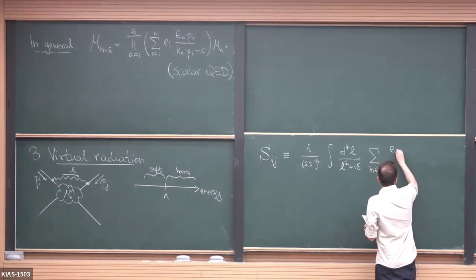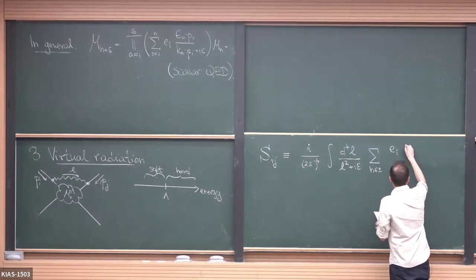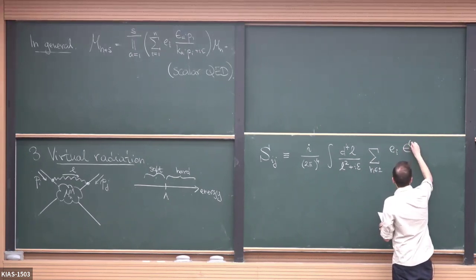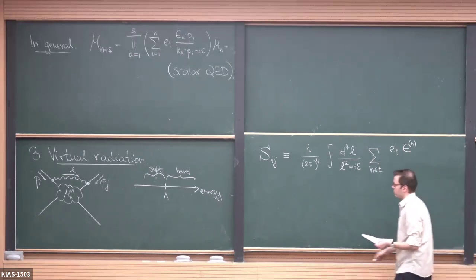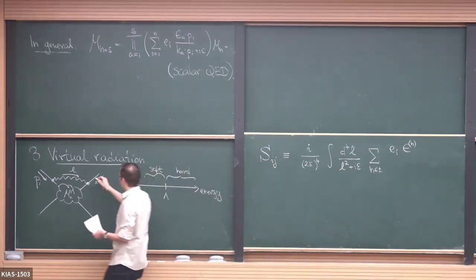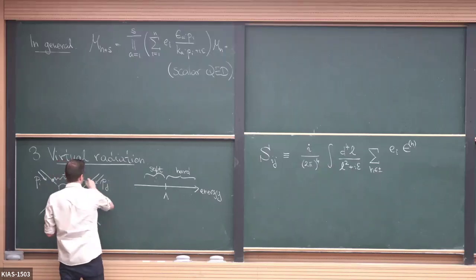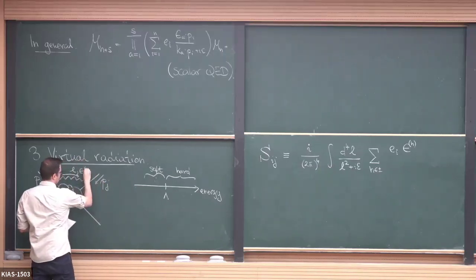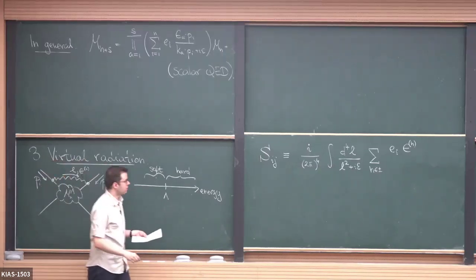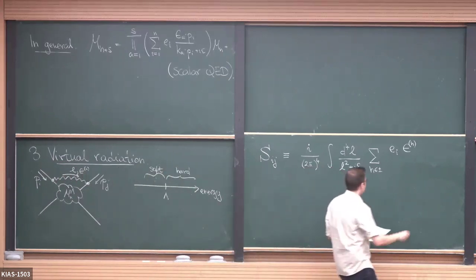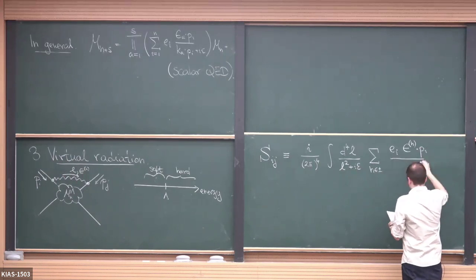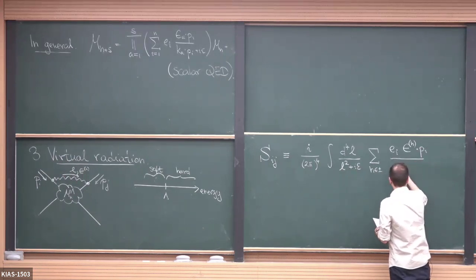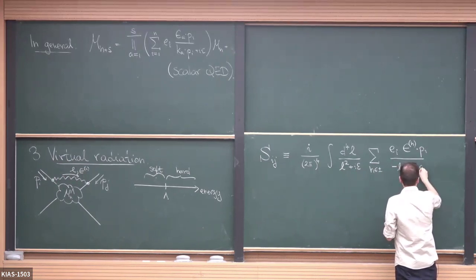And then, just like we've seen before from the Feynman rules, I essentially have the polarization of the particle, epsilon with the label H to denote the helicity, dot pi, and downstairs L dot pi plus i epsilon.